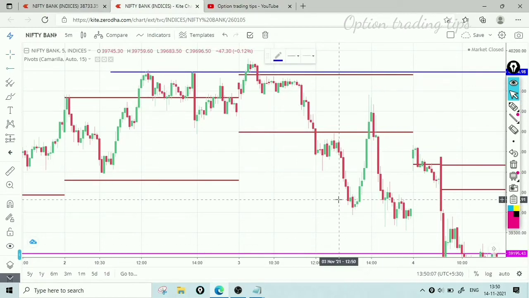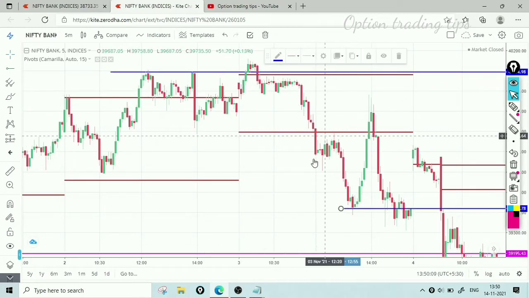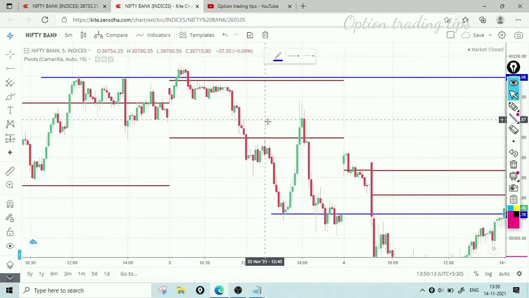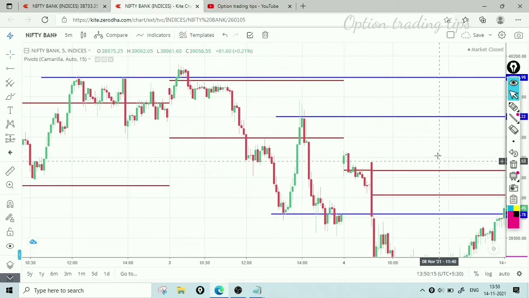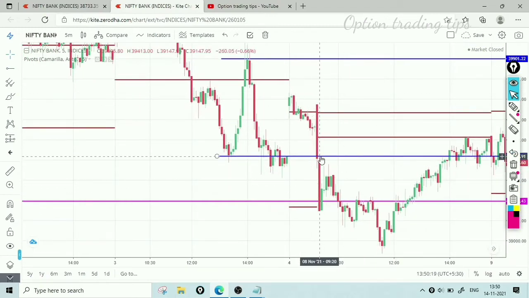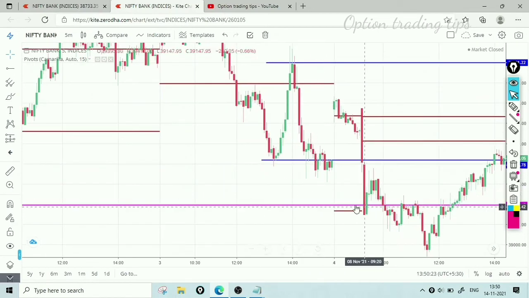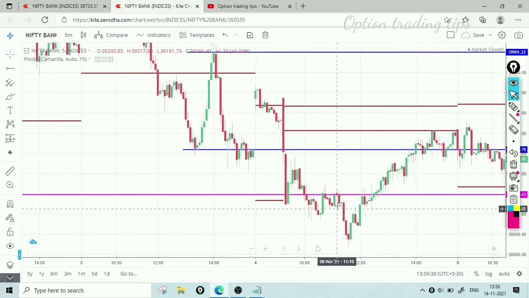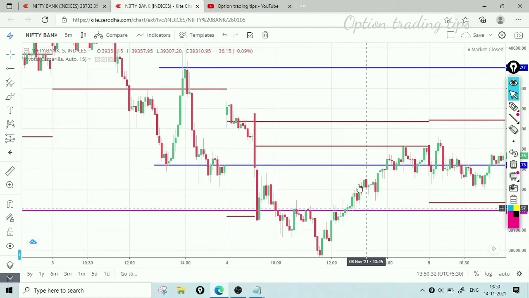So I mark the new line for the particular day. And once again from here we make a rally. I mark this too. Once again the rally breakout happened. It reached the next support within the same candle, but this support did not allow the market to go down. After consolidation it moved slightly down. So this also broke.